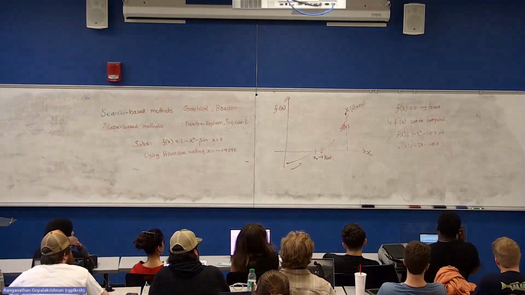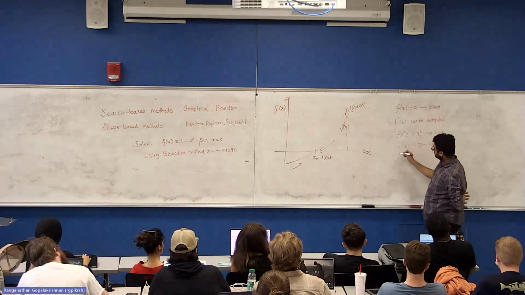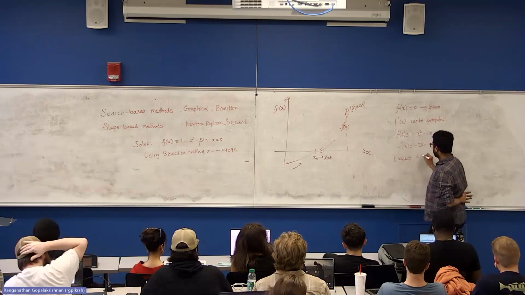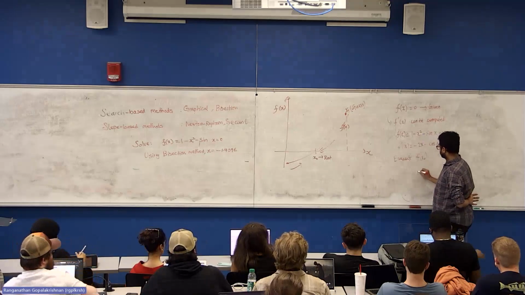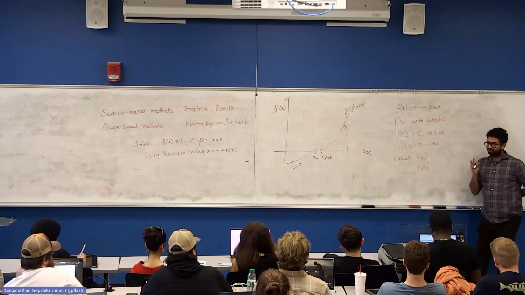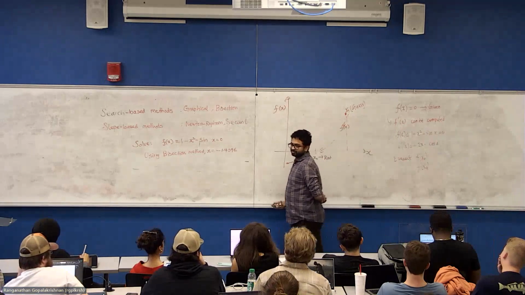So I take a wild guess. I can evaluate the function at that wild guess, and I can also evaluate the slope at that wild guess. With these three pieces of information, how can I think about the next step?